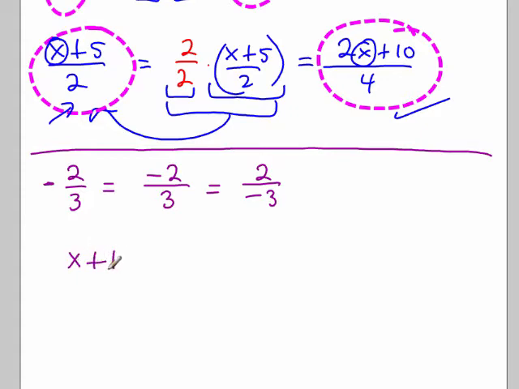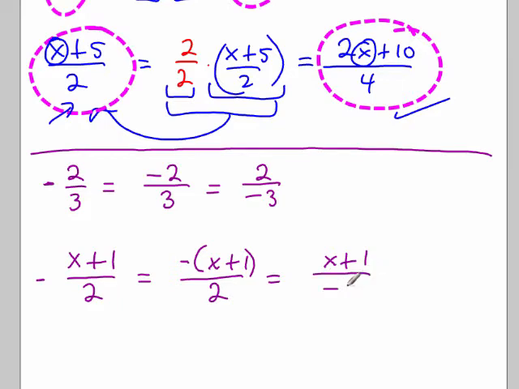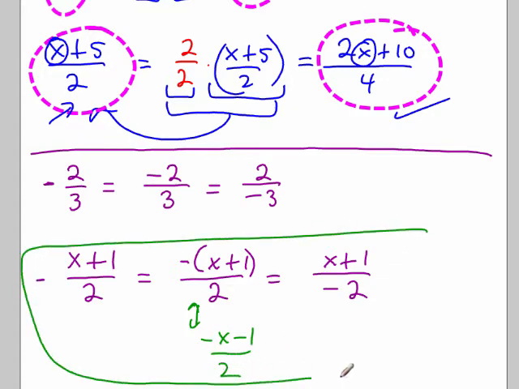If I have x plus 1 divided by 2, and I have a negative in front, then that expression could be written with the negative on the numerator, but we'd have to bracket that, or with the negative on the denominator. And just with the second term, if we wanted to distribute that, this would all be equivalent to negative x minus 1 over 2. So all of these expressions are different ways of saying the same thing.